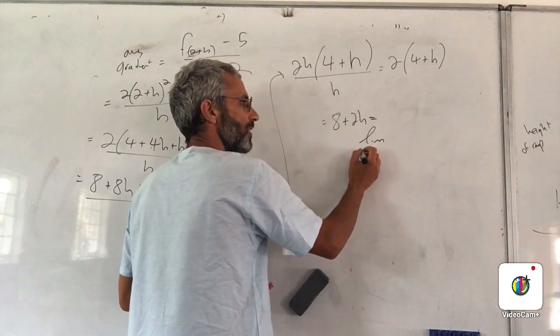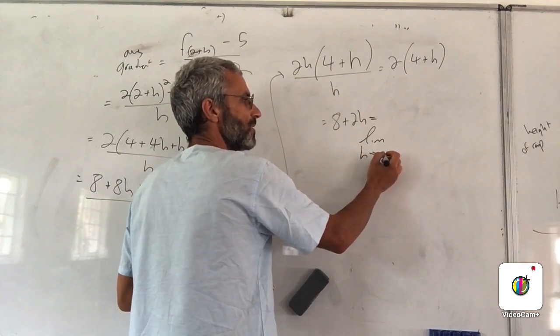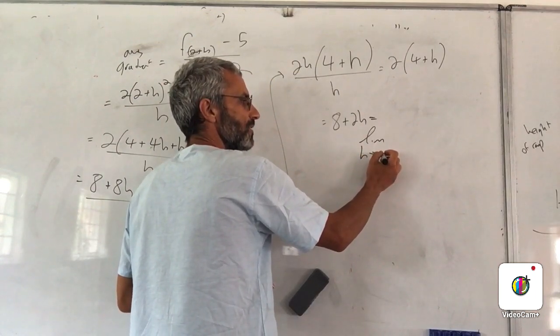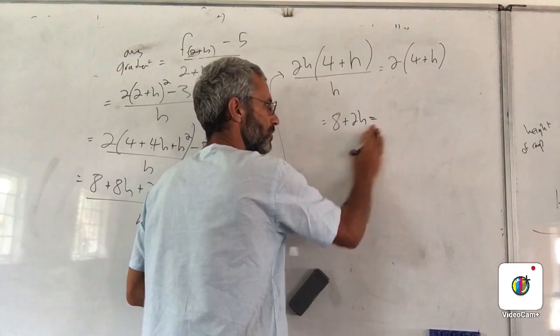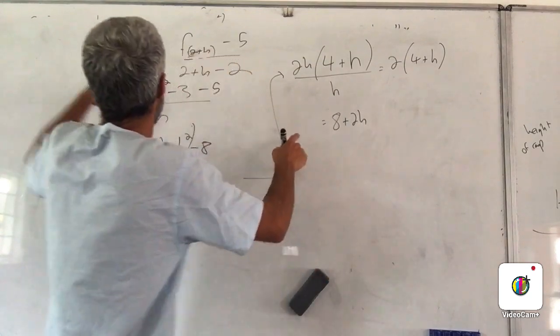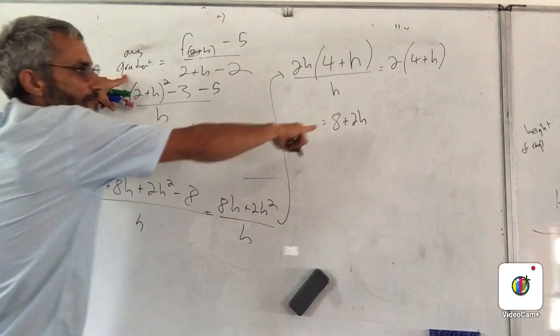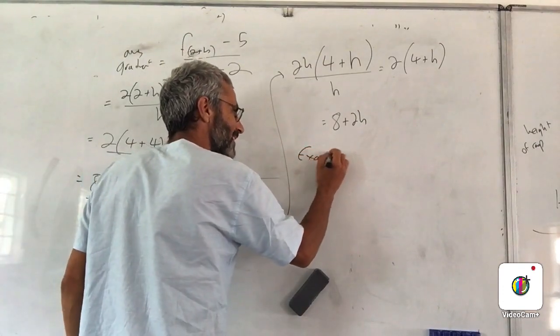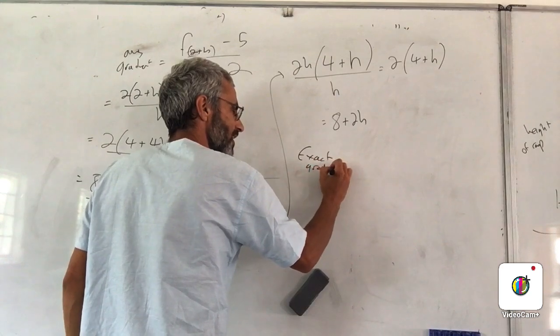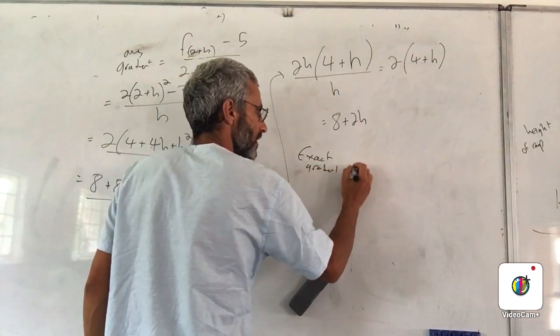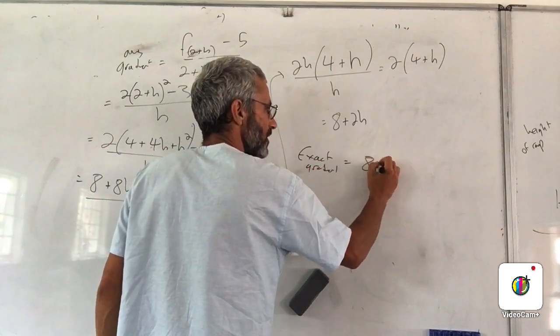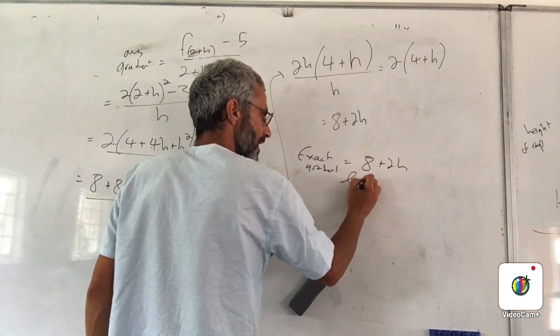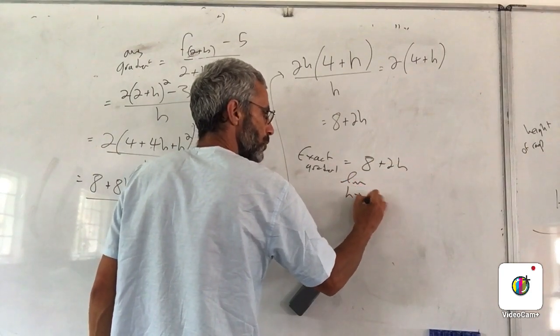The limit. The limit as h approaches 0. So I'll write it again. This was the average gradient. Give me an h, I'll get the average gradient. If I want the exact gradient, it's going to be 8 plus 2h, but in the limit that h approaches 0.